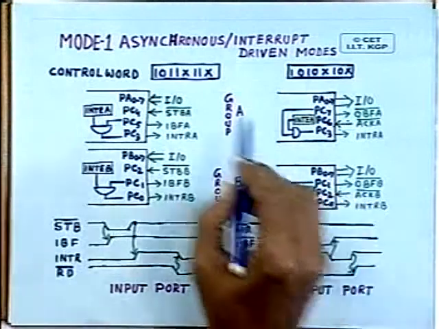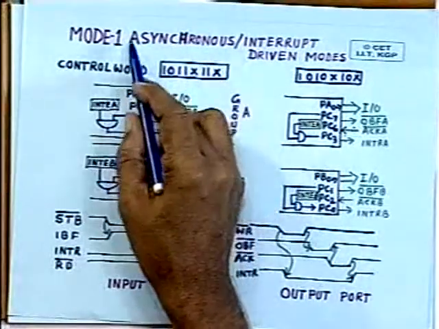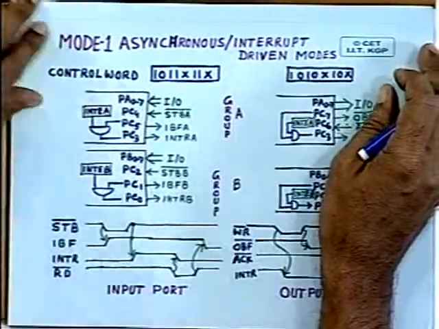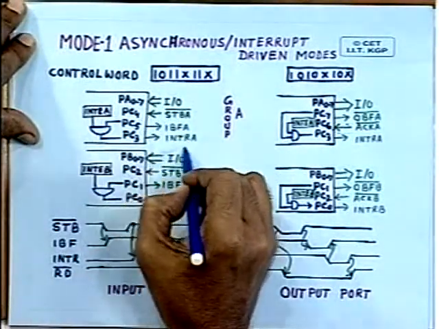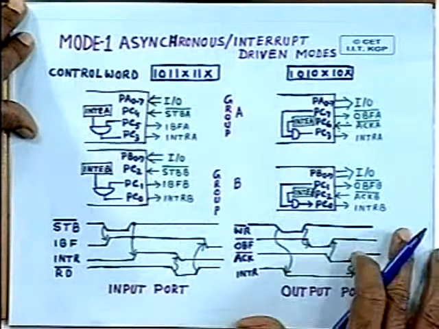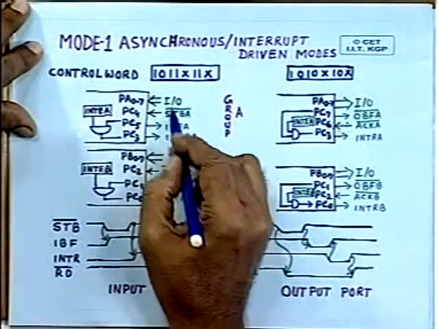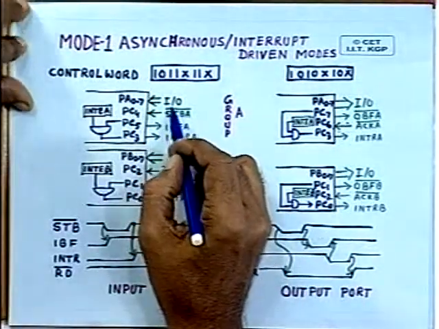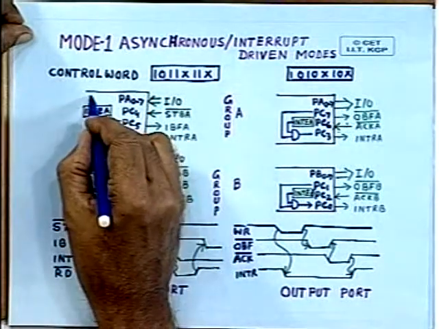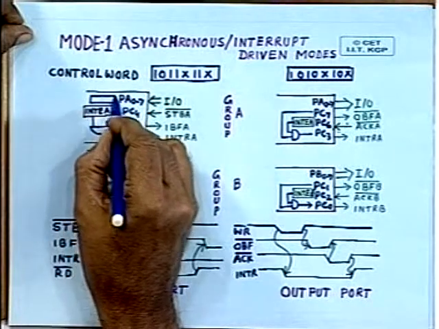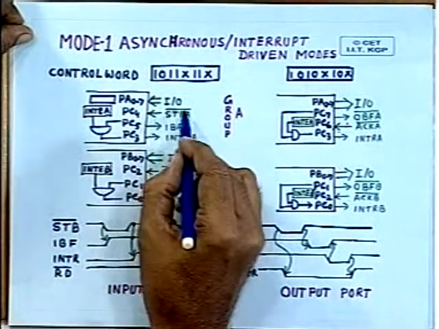Let us first explain how it works in the asynchronous mode. You can see here, this side will go to the IO device, and whenever it is used as an input port, the data coming from the IO device will be transferred to port A. There is a register here, the port A register, with the help of the strobe signal.